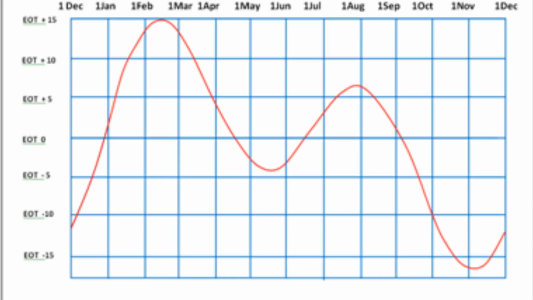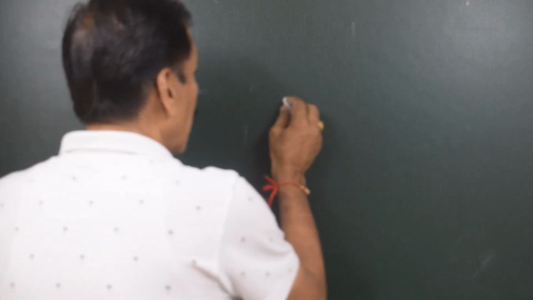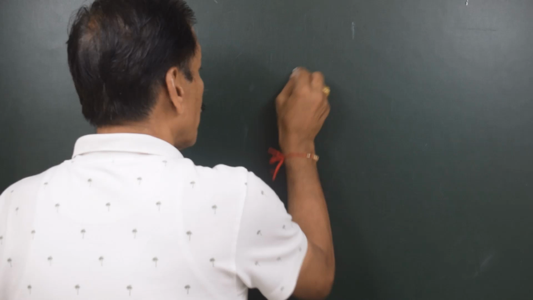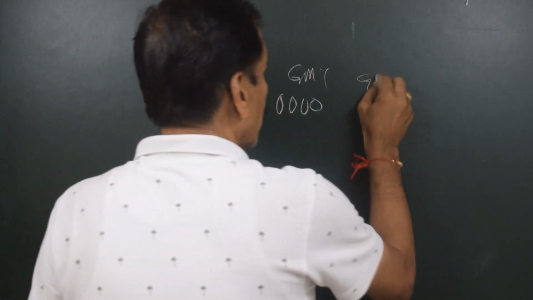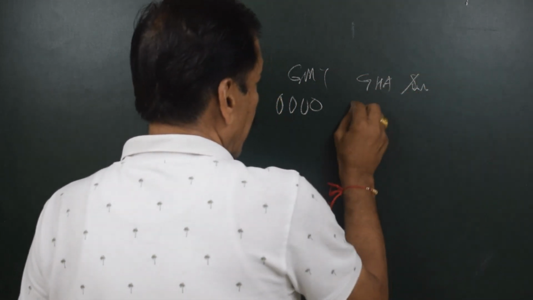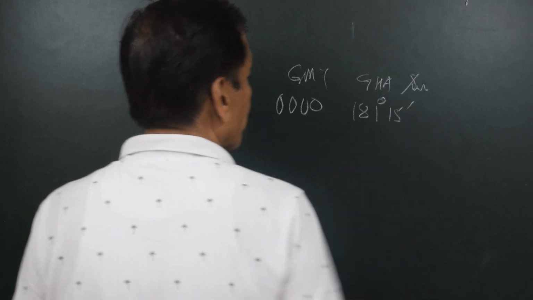Now let us find out how to find the equation of time. Equation of time can be found very accurately for every GMT hour, minute or second. For example, at 0000 GMT, suppose GHA sun is 181 degrees and 15 minutes.